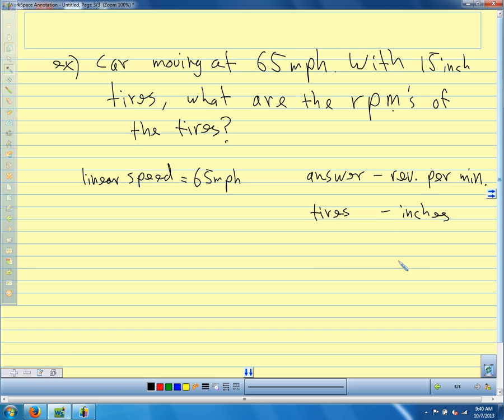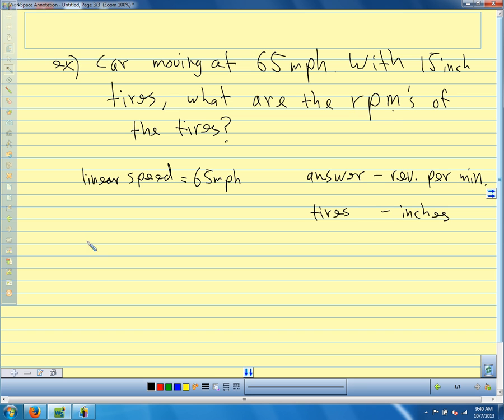So we need to get everything in terms of one unit. So what I want to do is convert 65 miles per hour to something in inches per minute. So the inches match the units of my tires, and the time matches the units of my answer.